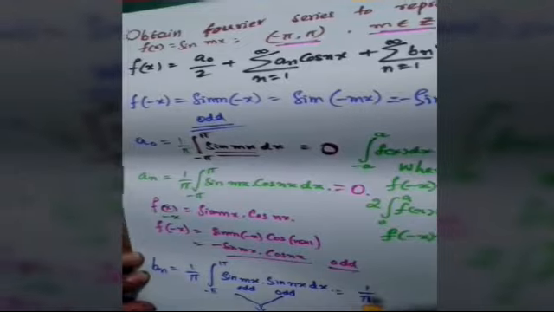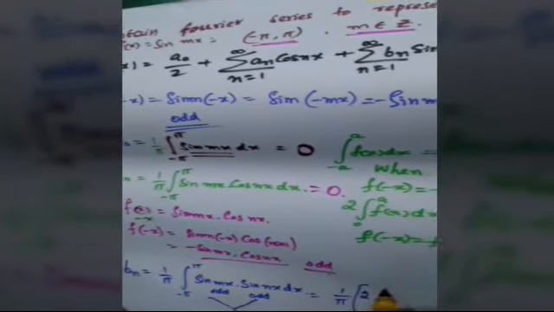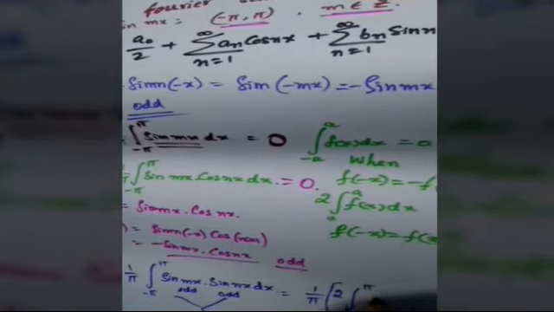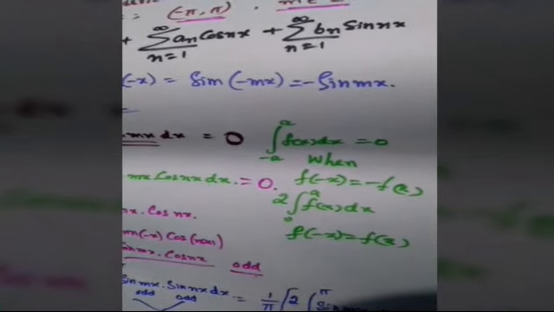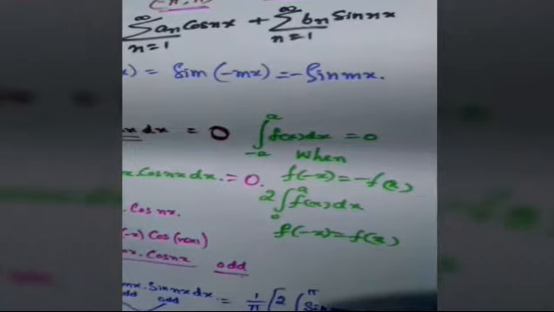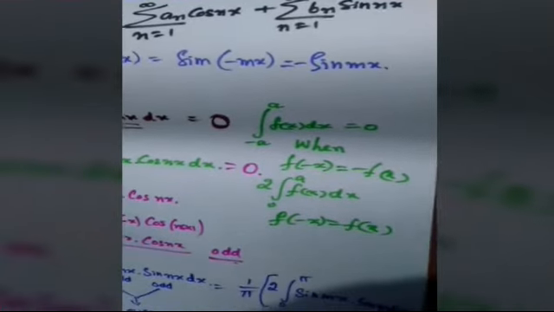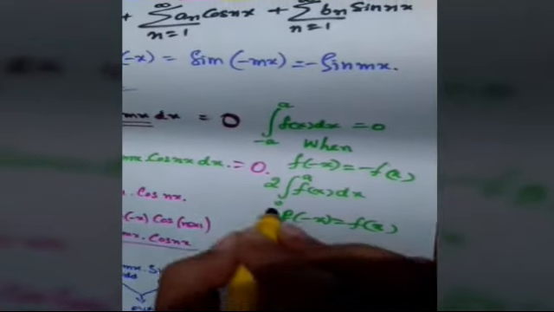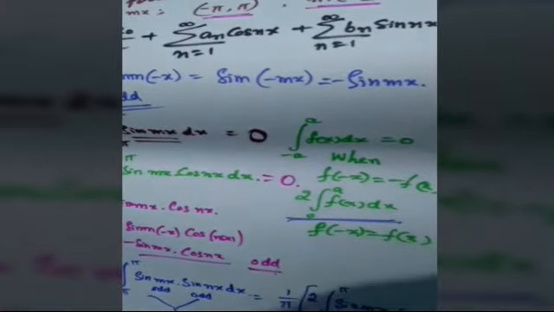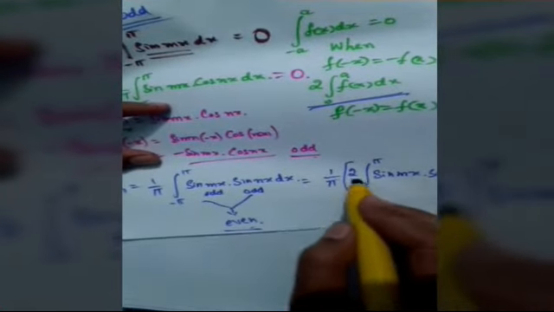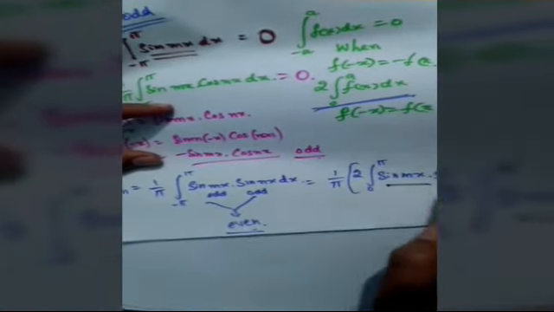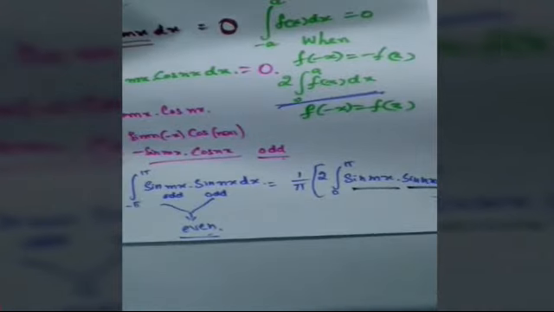Hence this is 1 by pi times 2 times integral from 0 to pi sin mx into sin nx dx. From this formula I have got that bn is equal to 1 by pi twice integral from 0 to pi sin mx into sin nx dx. Now we shall start from here.